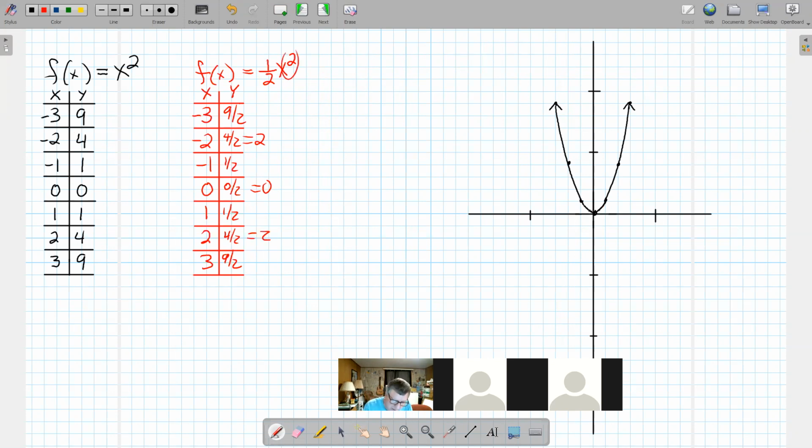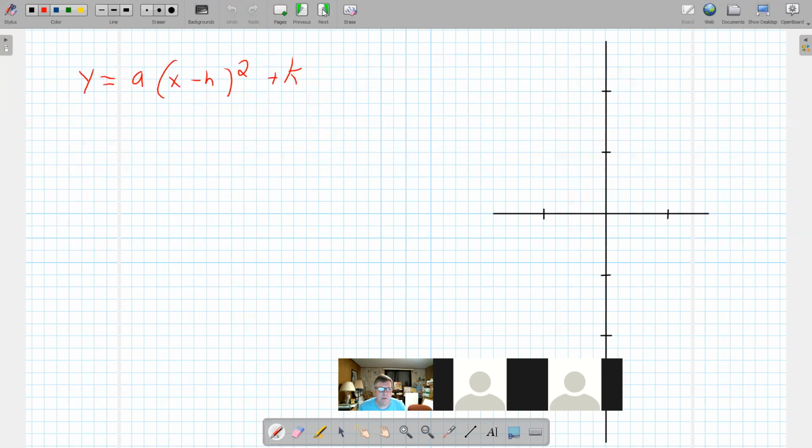Because we're squaring x, and then we're taking 1/2 times it. So -3 is going to be at 9/2, which is 4.5. Negative 2 is going to be at 2. Negative 1 is going to be at a half, 0, a half, 2, and that. So now this thing opens up wider.